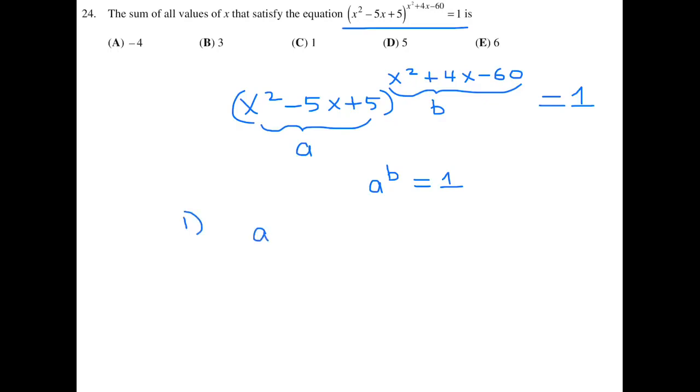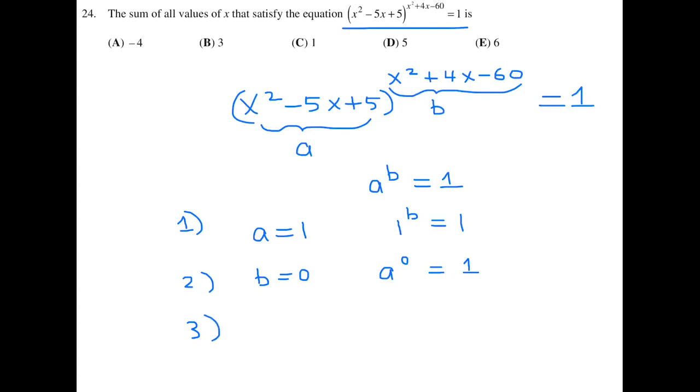Possibility 1 is if a is 1. If a is 1, doesn't matter what b is, this will be true. It'll be 1 to the power of b, and that's always going to be equal to 1. So that's our first possible scenario. Another possible scenario is if b is equal to 0. That would make it a to the power of 0, and anything to the power of 0 is equal to 1. Okay?